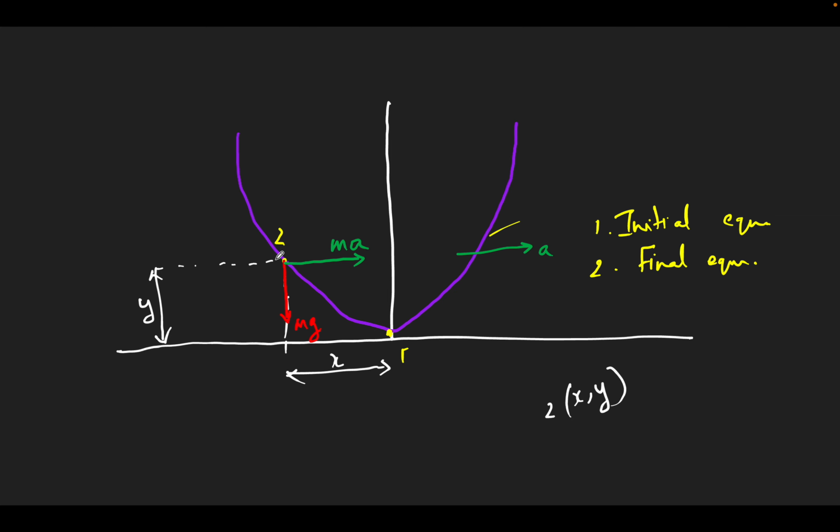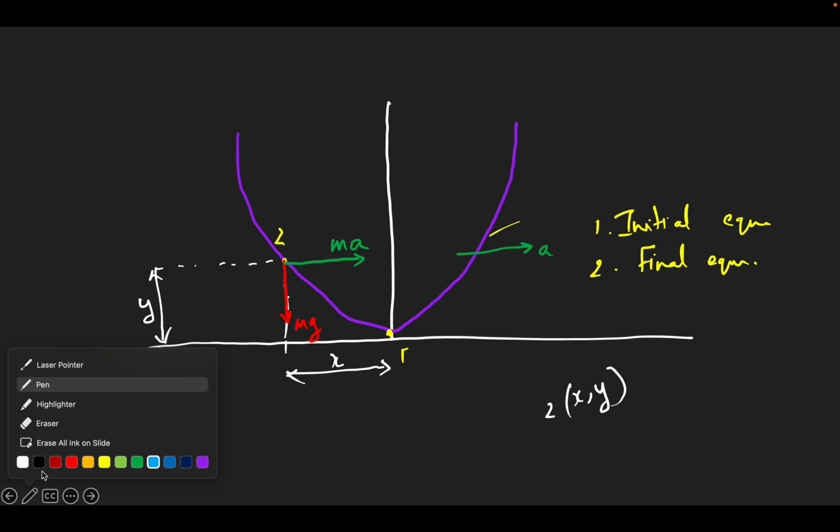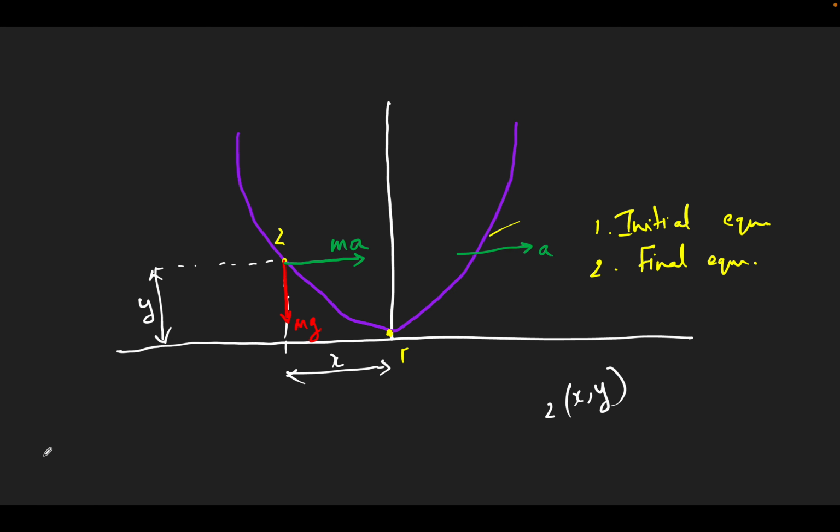So at point 2, let's say this is the tangent at point 2. Then there must be a force normal to the tangent.